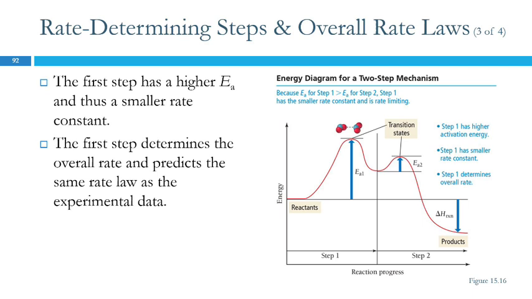It's like that merge down to one lane. Once you get past this, everything's going to flow fine, but you got to get through this first. So this step is going to limit the rate of the entire reaction. This first step is going to predict the rate law for the overall reaction. Any question?